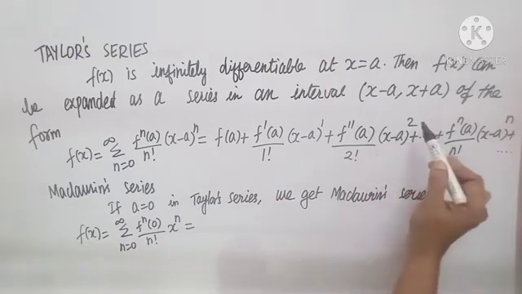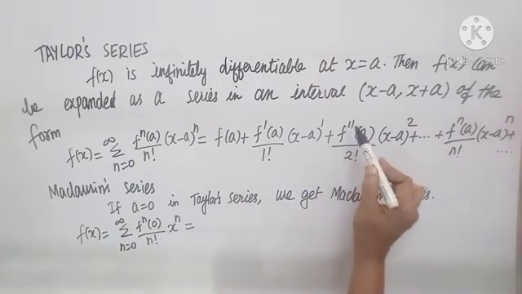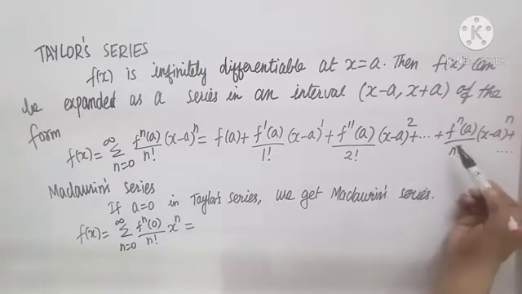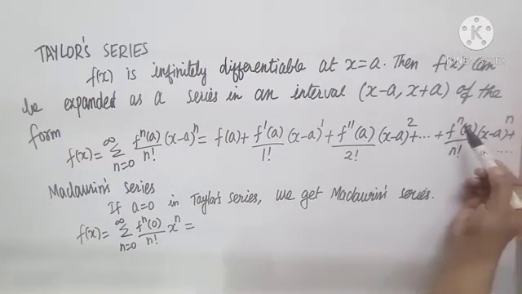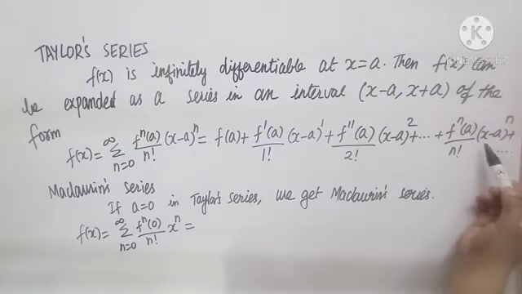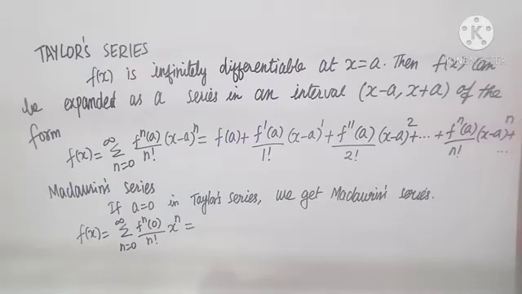X minus a power 2, f second derivative at a by 2 factorial. So like this I can expand, and in general the nth term may be f nth derivative at a by n factorial into x minus a power n, and it goes on and on up to infinity.